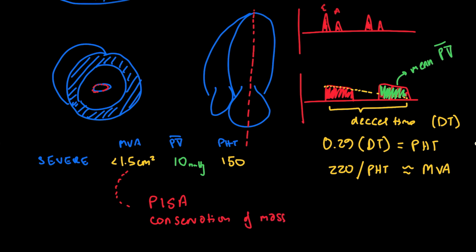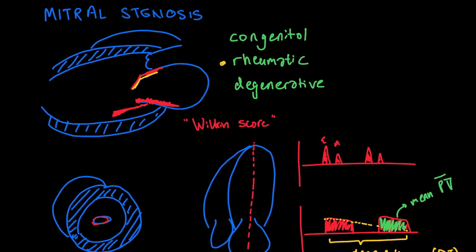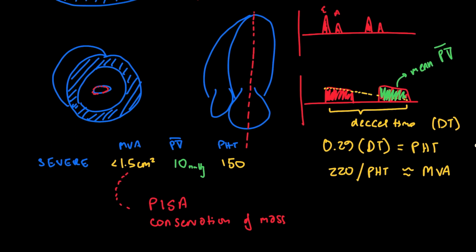And I'll refer you to our other videos that go through some detailed examples on these. But again, just to recap all of this with the stenotic or stiff mitral valve, typically from congenital heart disease, rheumatic heart disease, or degenerative valvular disease. Rheumatic, you'll see that dog-leg appearance, and you can grade and give it a Wilkins score to determine how likely you are to succeed with balloon valvotomy.